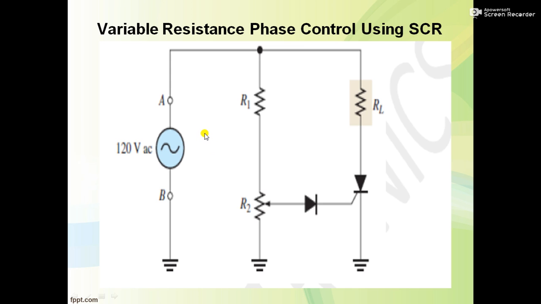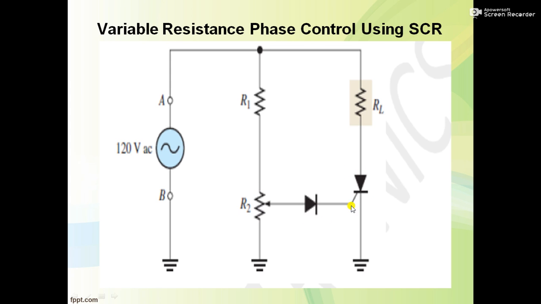Before going to the discussion of operation, according to the circuit of variable resistance phase control using SCR, as shown in the circuit, the triggering circuit consists of diode D1 and resistor R2, the potentiometer, in series with the gate of the SCR.